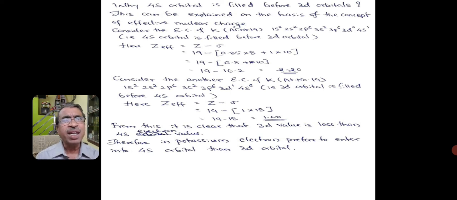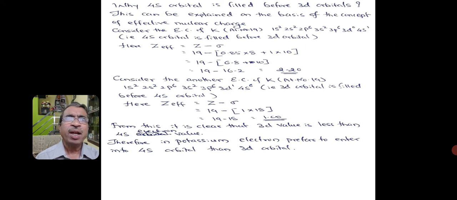Suppose I consider the electronic configuration of potassium as 1s2, 2s2, 2p6, 3s2, 3p6, 3d1, 4s0. In that case, the electron is present in the 3d, and you are calculating the effective nuclear charge for it. There are no other electrons in the 3d, so you have to calculate only the inner electrons.